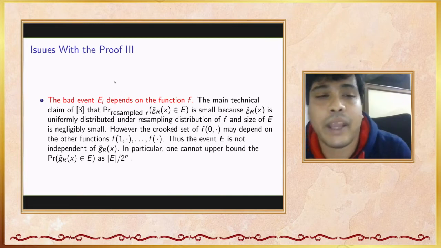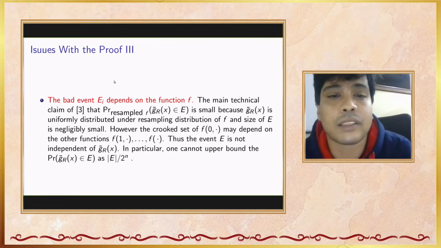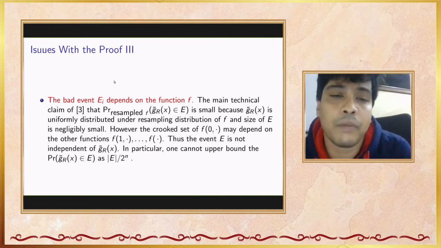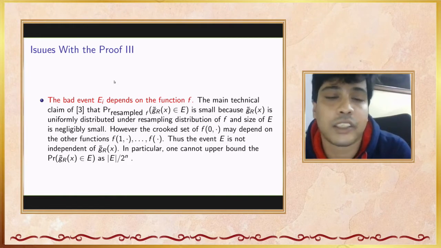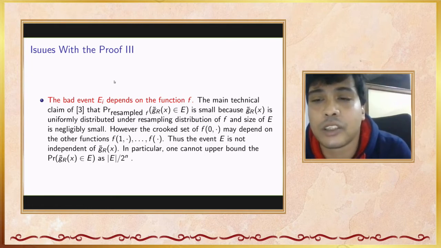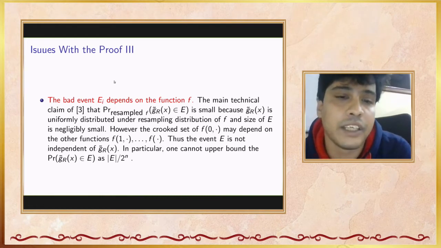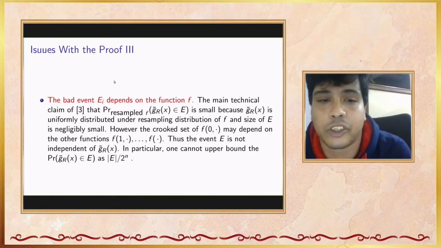The main technical claim of that paper was that if we take the probability over the resampled f function, then the probability that g tilde R(x), the subverted G_R(x) value, belongs to some set E is very small, because g tilde R(x) is uniformly distributed under the resampling distribution.